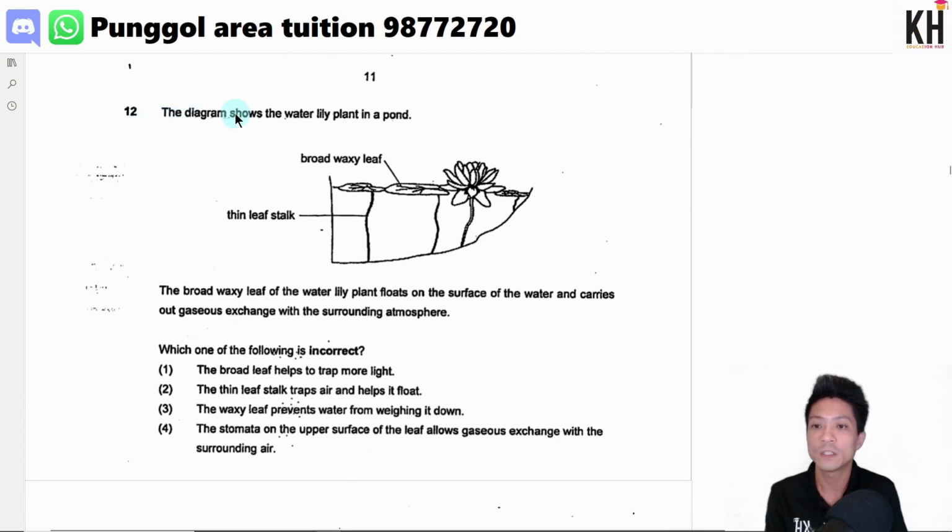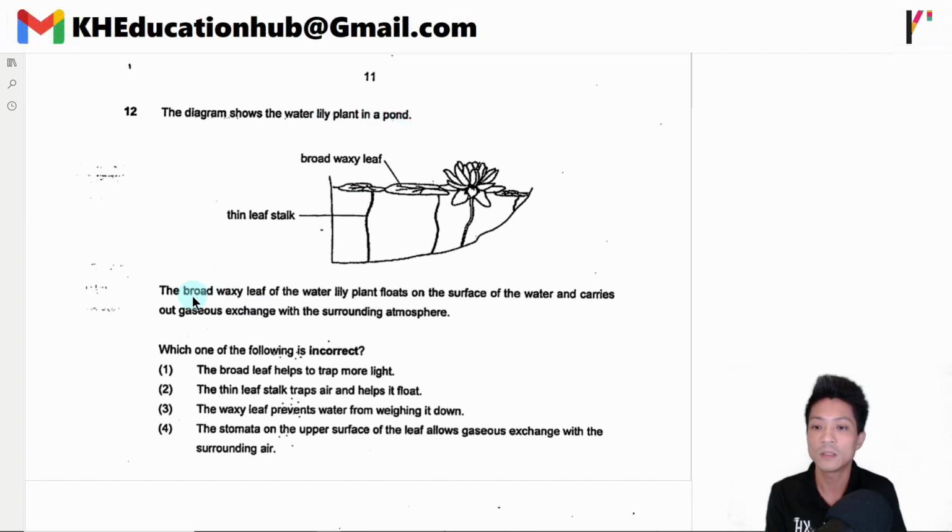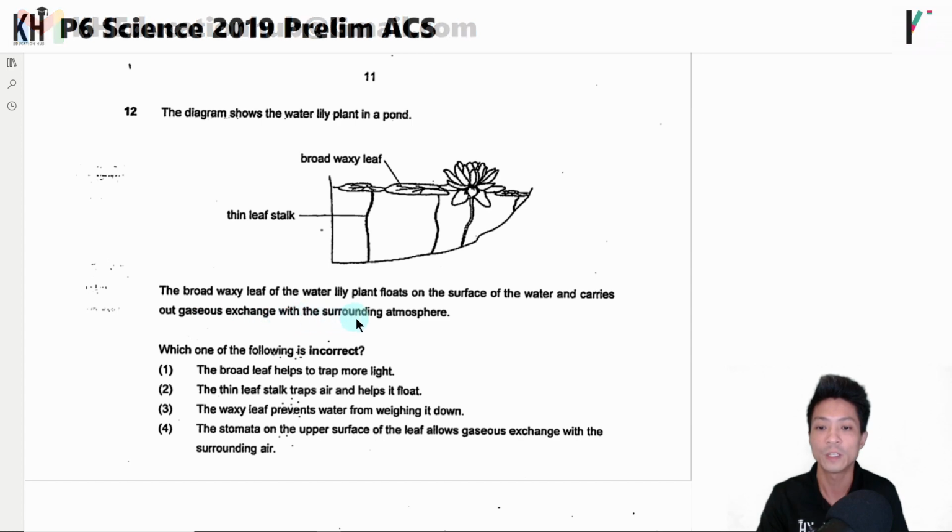Question 12. The diagram shows the water lily plant in a pond. The broad waxy leaf of the water lily plant floats on the surface of the water and carries out gaseous exchange with the surrounding atmosphere. Which one of the following is incorrect? The broad leaf helps to trap more light. Yep, correct.